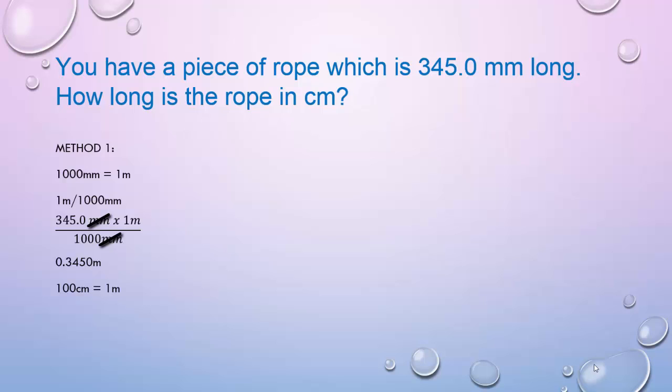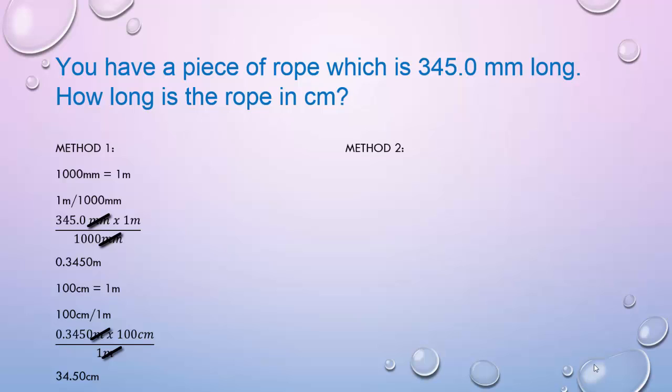Well, we know 100 centimeters equals 1 meter. 100 centimeters divided by 1 meter would be the correct conversion fraction. So we multiply 0.3450 meters by 100 centimeters divided by 1 meter, so the meters cancel. And you do that, and you get 34.50 centimeters. Just do it in a stepwise fashion.